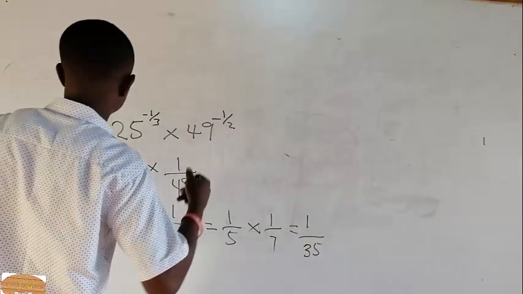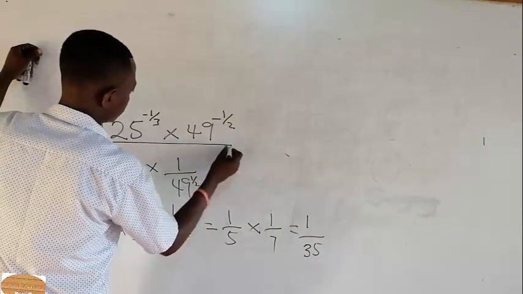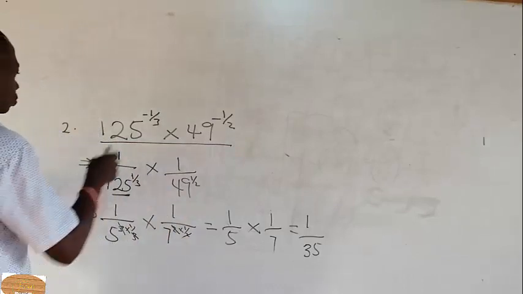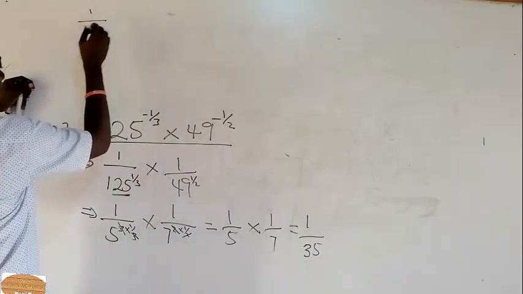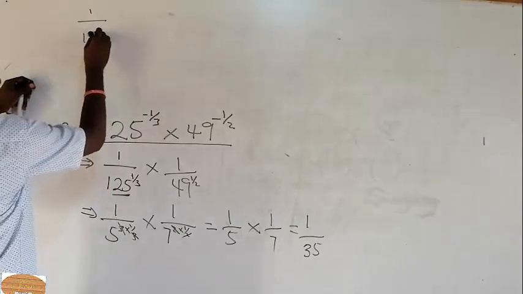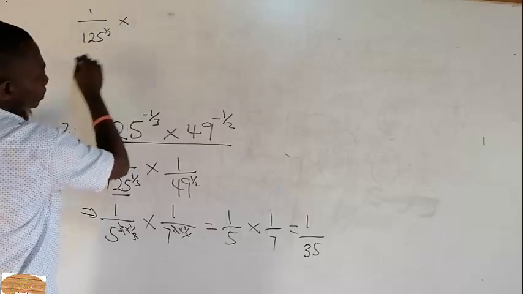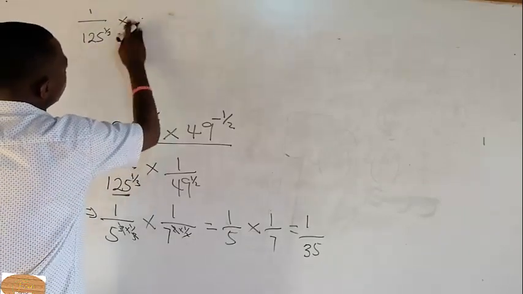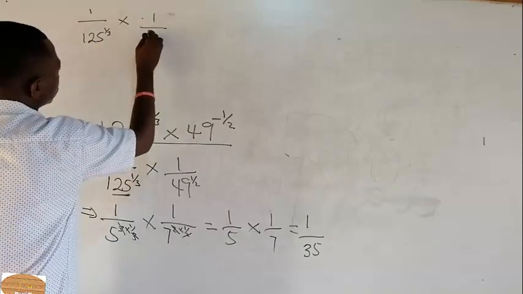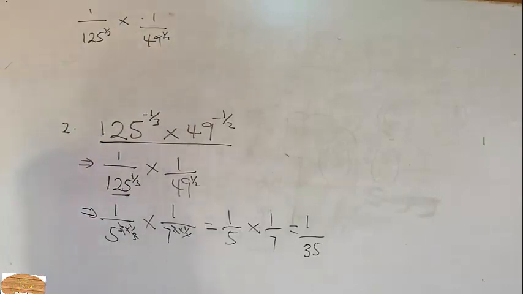So let me use the second method. This one is the same as 1 over 125 to the power 1 over 3, times 1 over 49 to the power half.